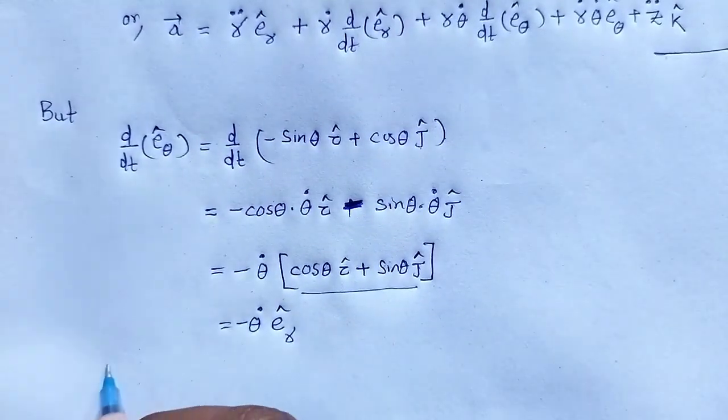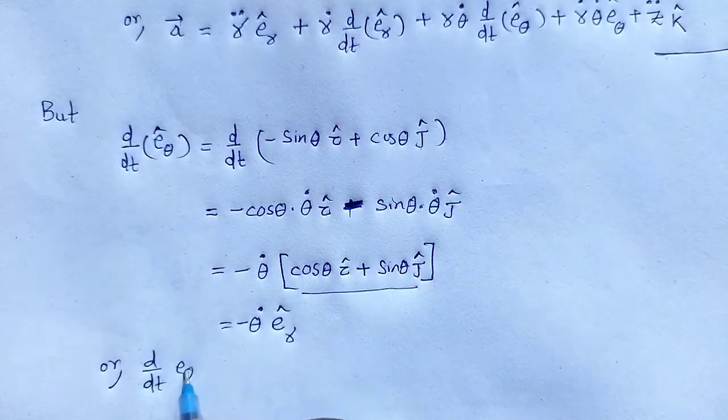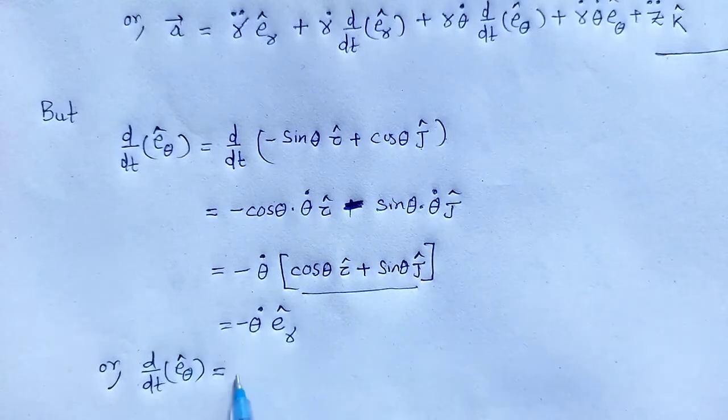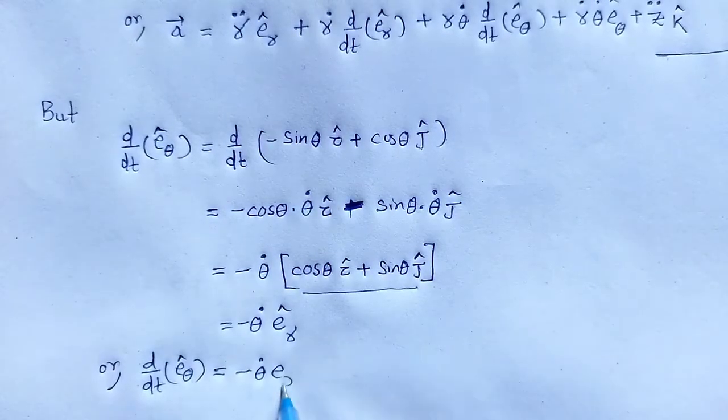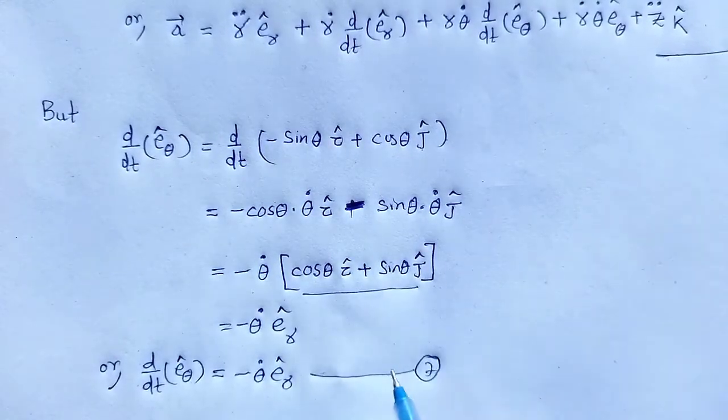Therefore we get the derivative of e theta cap is equal to minus theta dot e r cap. Let it be equation number 7.